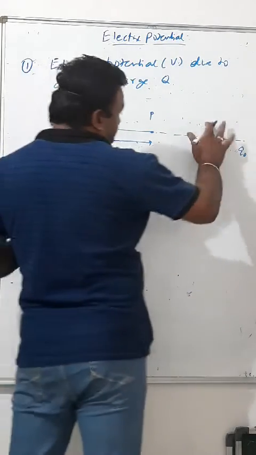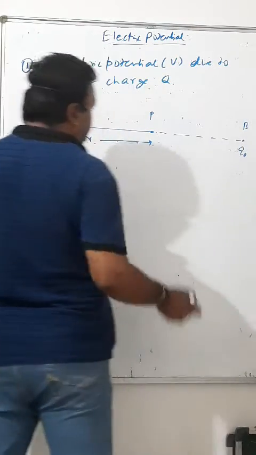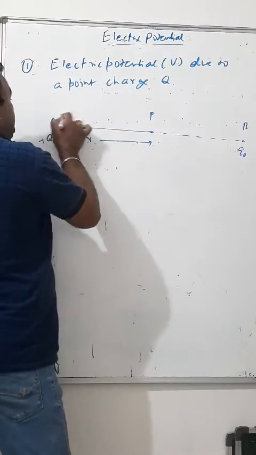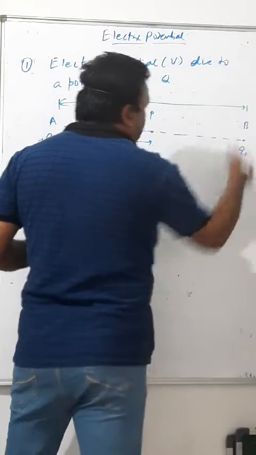Now what we do is bring a unit positive test charge from infinity to that point. That was important. At any moment, suppose it is at this point B, and this distance is x at that moment.